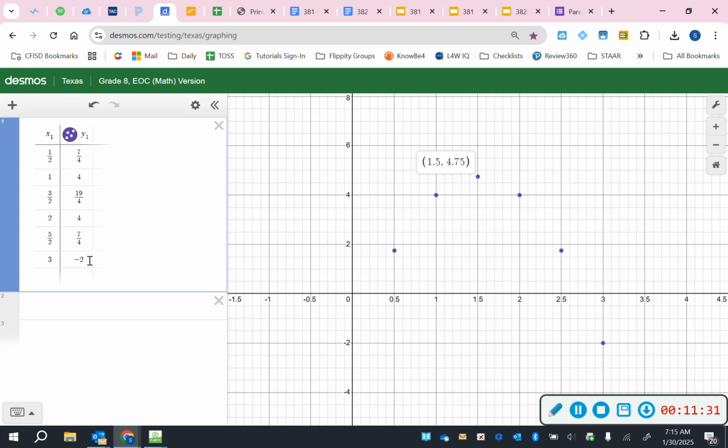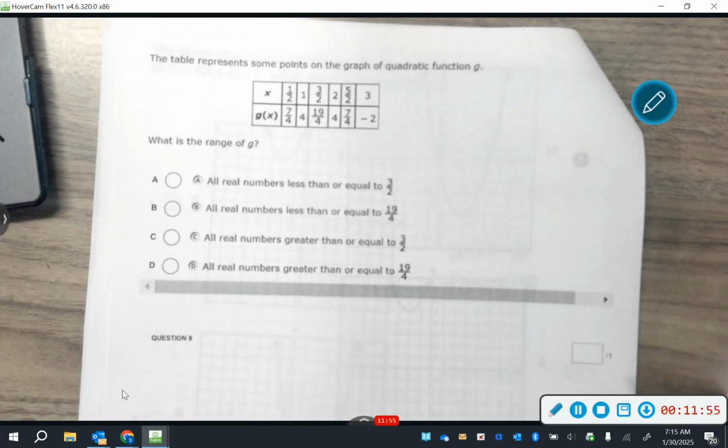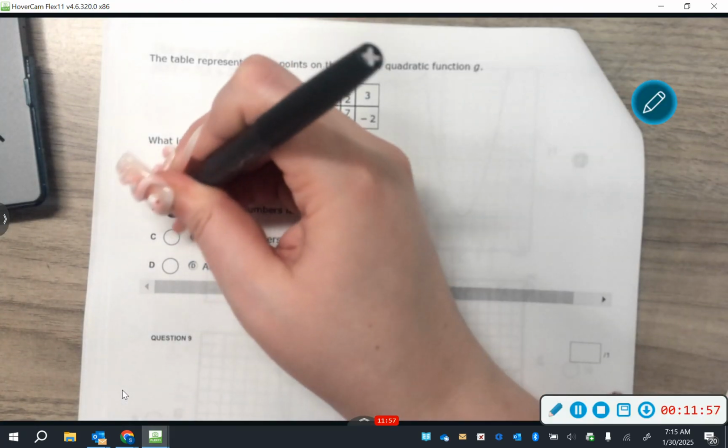If we continue the pattern, it would be -2 and -2. The one that's in the middle of your symmetrical pairs is 3/2, 19 over 4. So this is our vertex, which in this case is our maximum. So that means I can be 19 over 4, or I can be smaller than that. Our math way of saying that is y is less than or equal to 19 over 4.